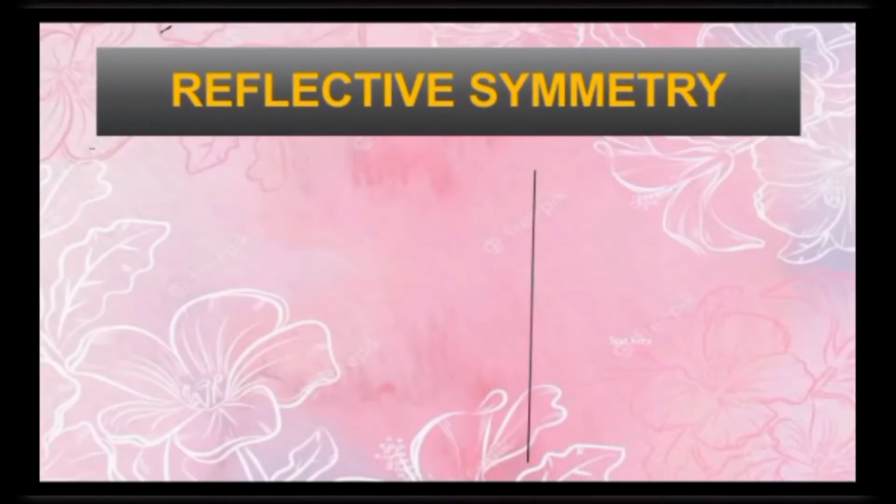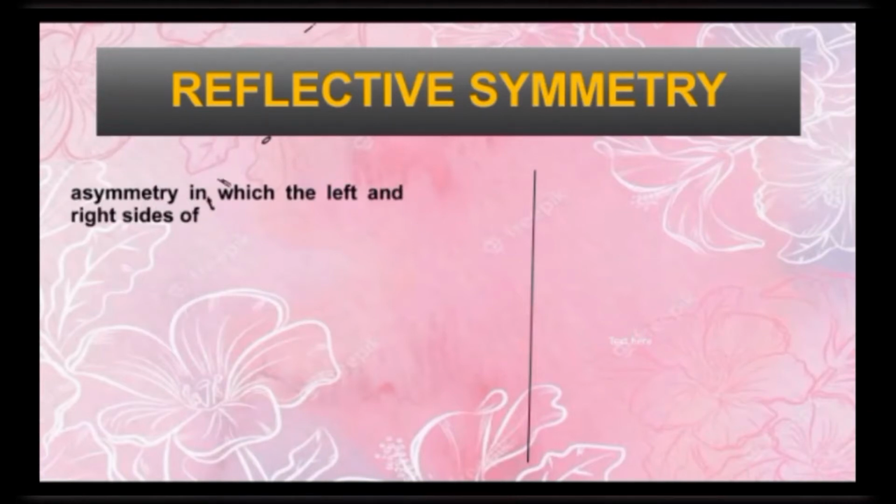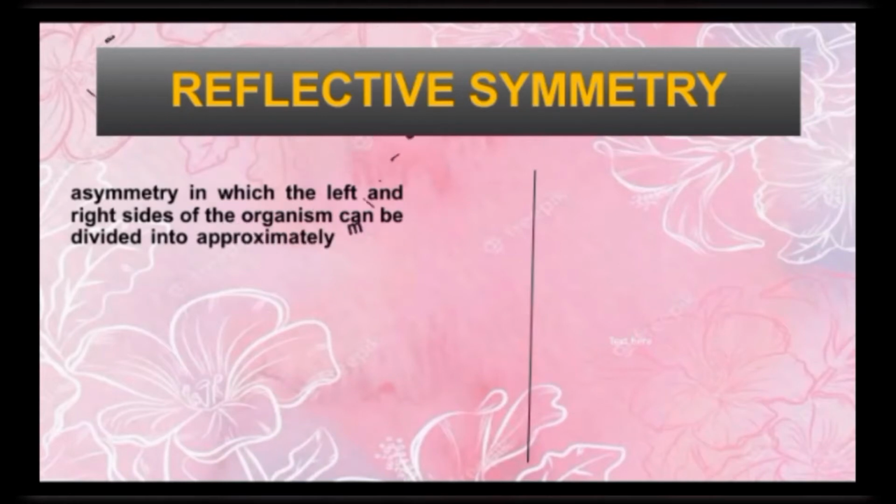Reflective symmetry is a symmetry in which the left and the right sides of the organism can be divided into approximately mirror images of each other along the midline.